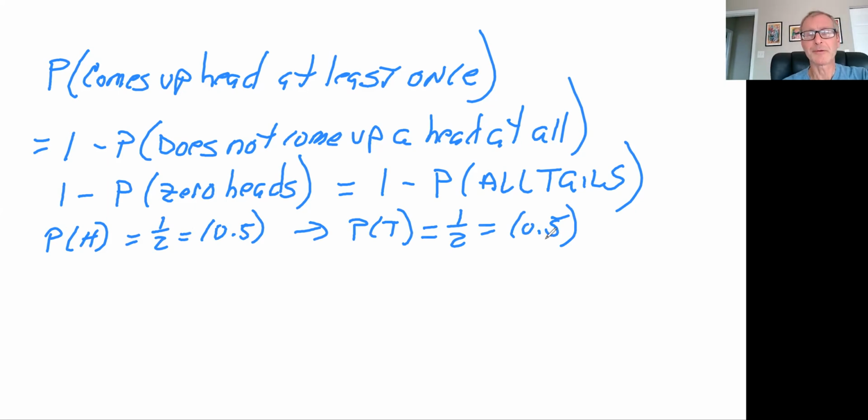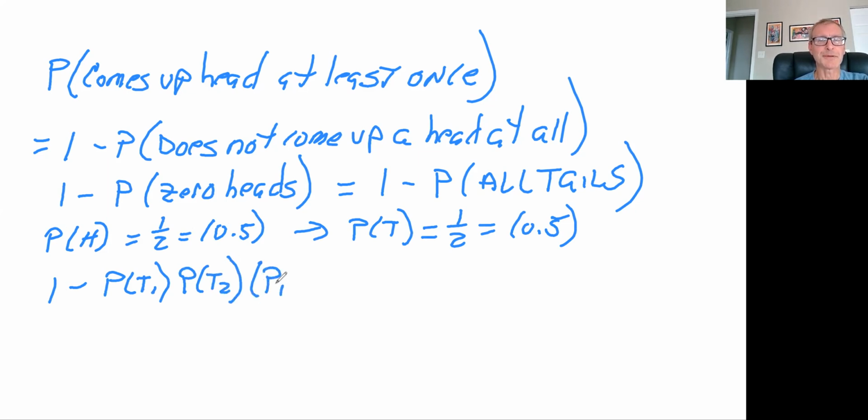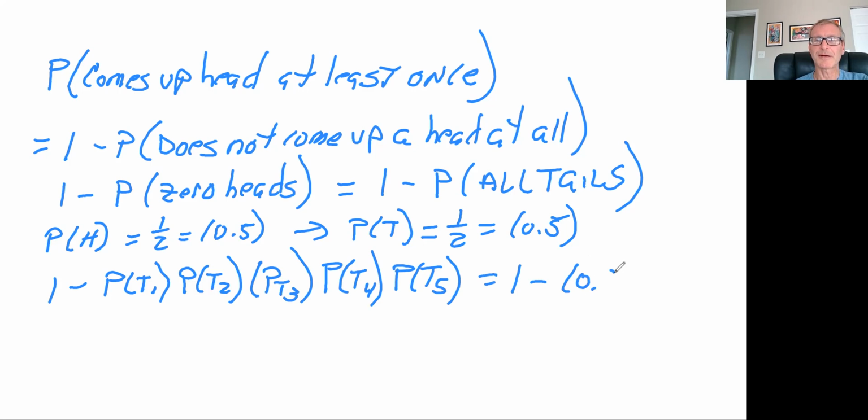So the probability of all of them being tails would be the probability of the first one being a tail, times the probability of tail 2, times tail 3, times tail 4, times the probability of tail 5. So you can see that this would be 1 minus 0.5 multiplied 5 times, so to the 5th power.